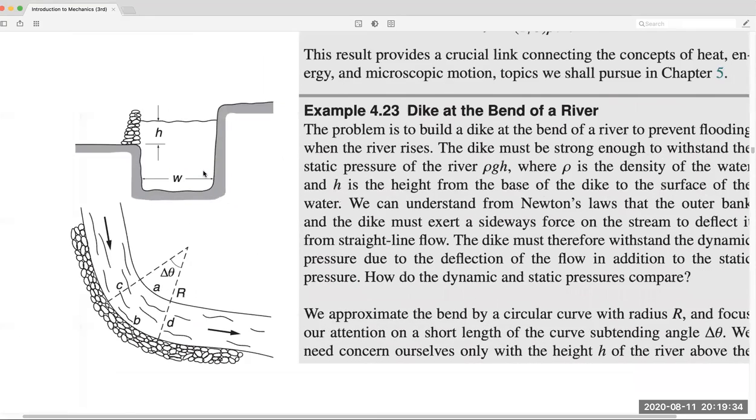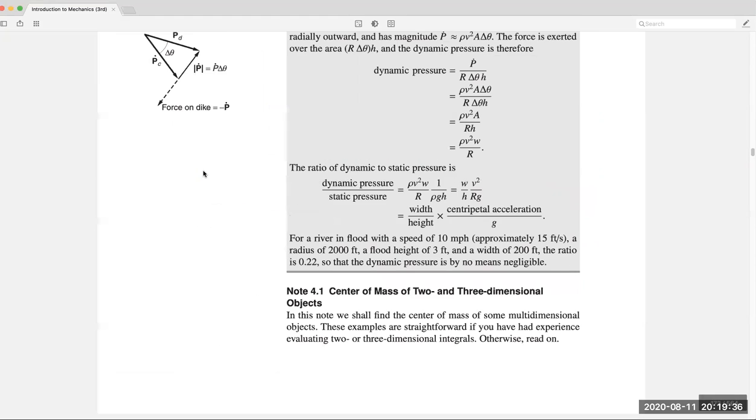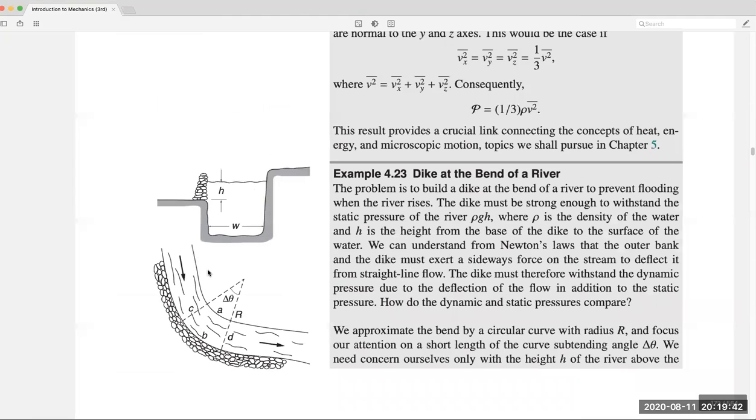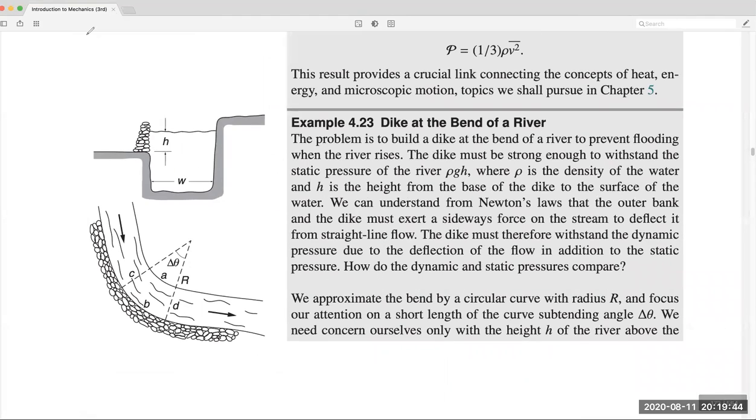I think they compare the answer in terms of the variable h.